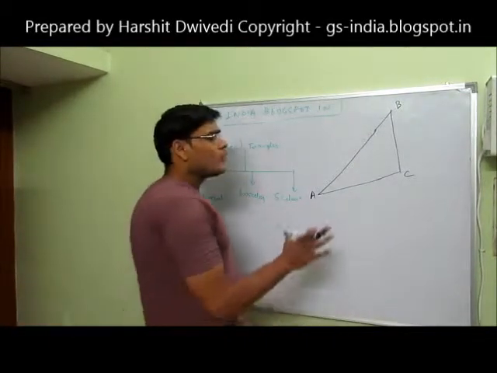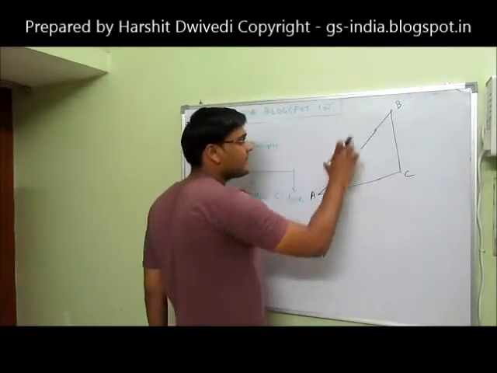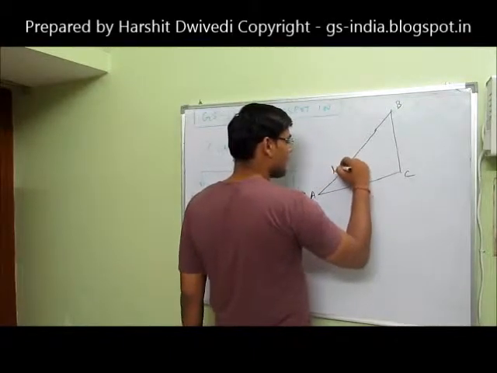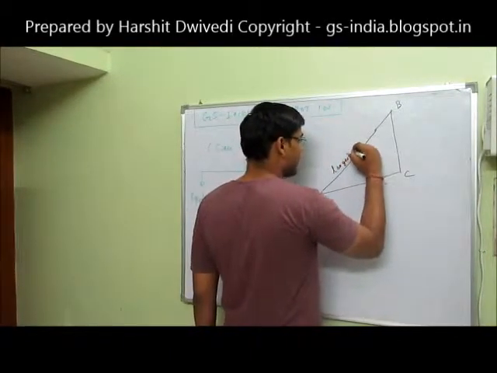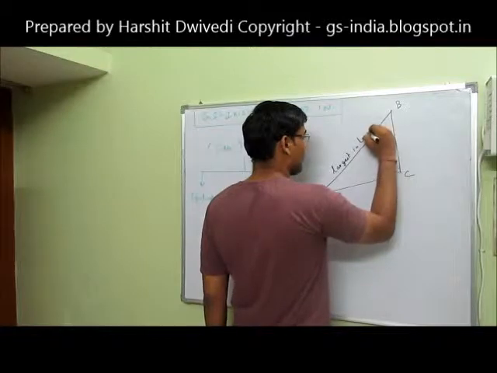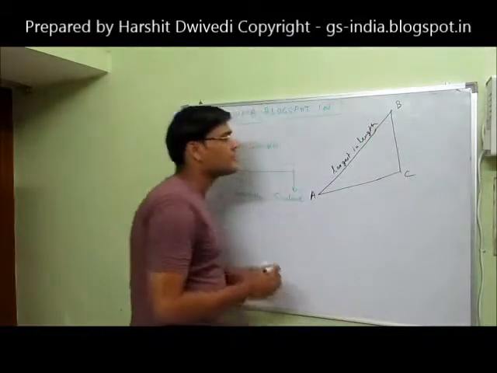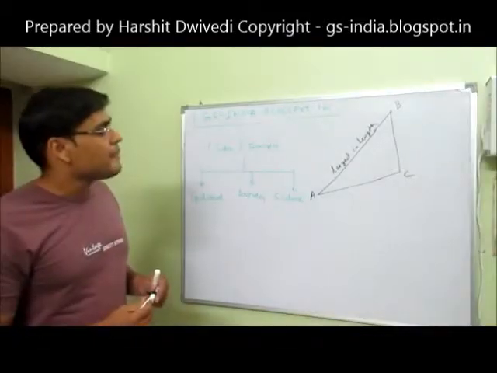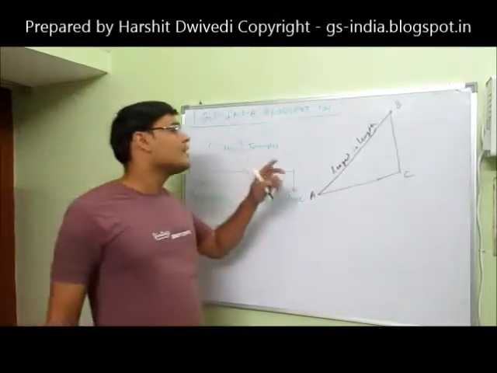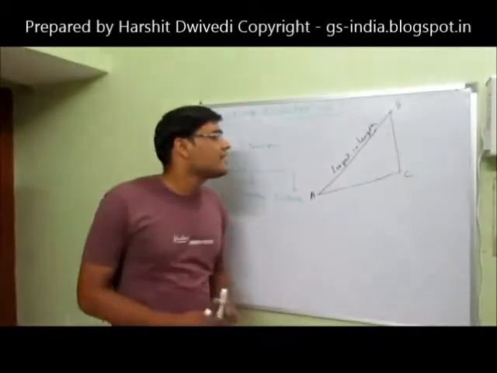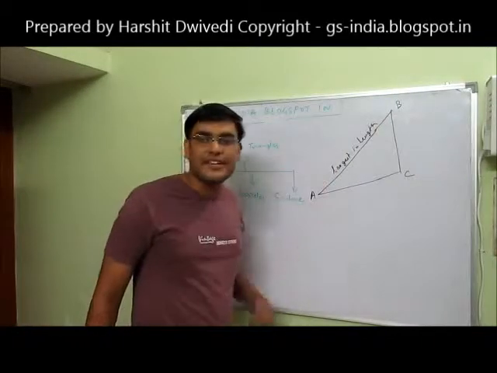Because by looking at this triangle, I can say that this side AB is the largest in length. This is very much clear to you. In this triangle ABC, by physical inspection, I can say that this line AB is the biggest in length.